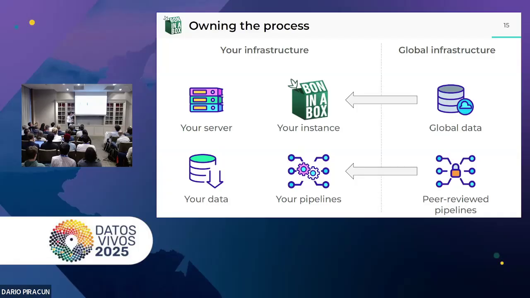But let's say you have data that you want to keep on your servers, you can own the process with Bon in a Box. So you have your instance running on your server with your data, but you can also pull in global data, geospatial layers, whatever, and you can, if necessary, derive the peer-reviewed pipelines into your custom pipelines if you need it.